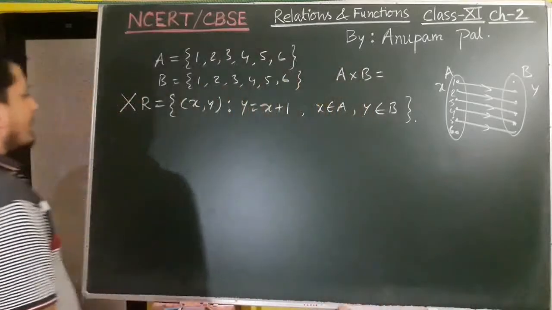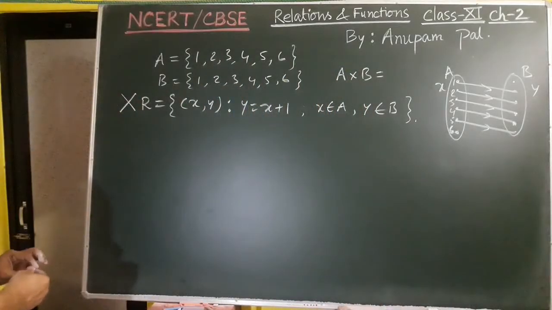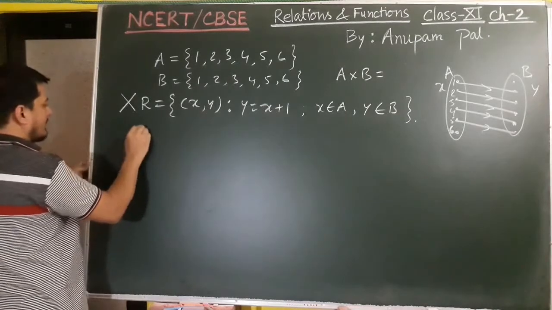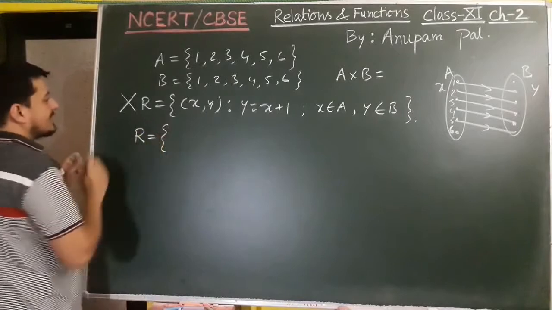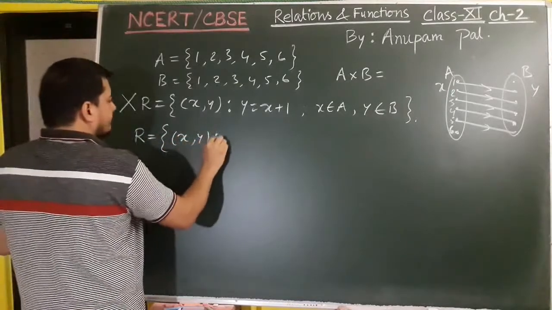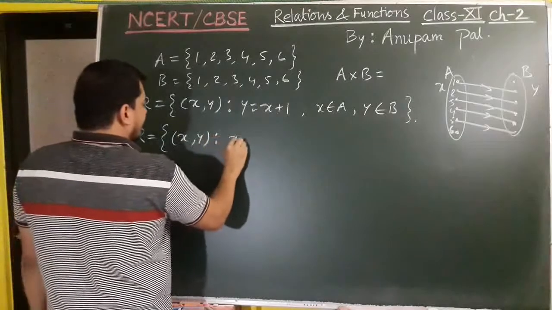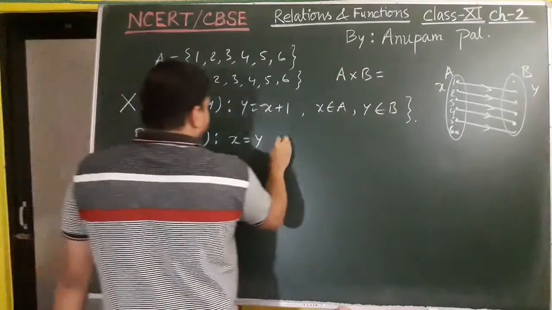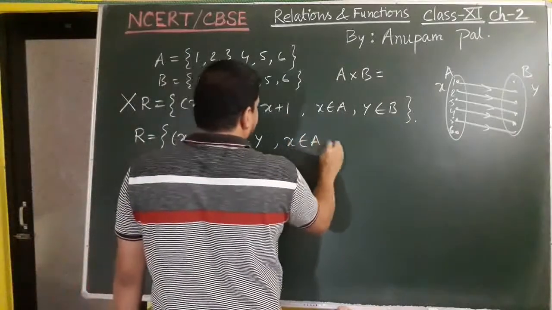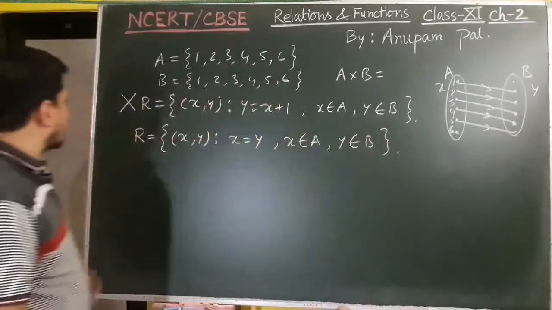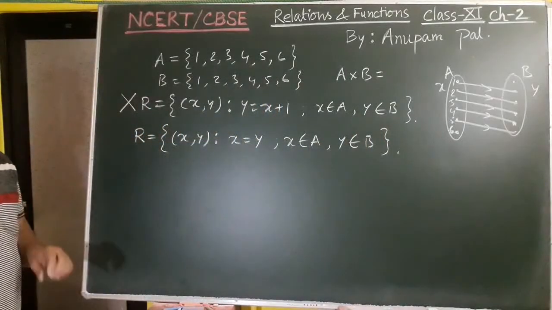Now suppose I derive one other relation. This relation I derive something like this: (x, y) such that x is equal to y, where x is a member of set A and y is a member of set B. So let me check whether this relation is a function or not.